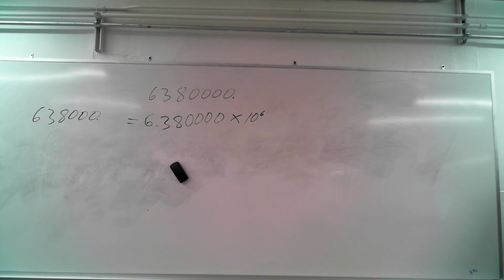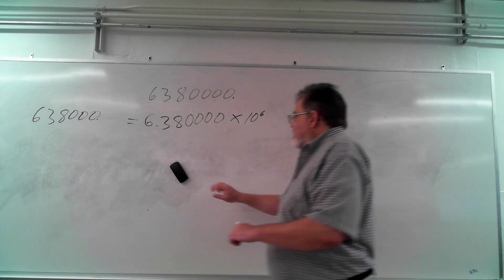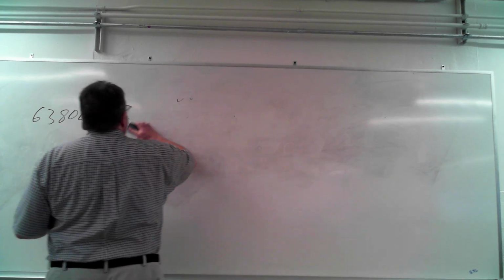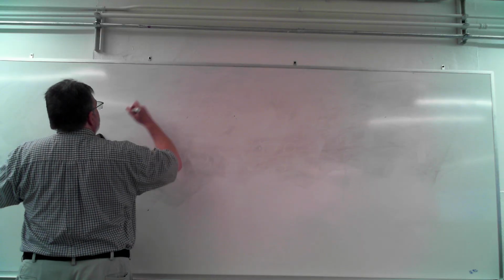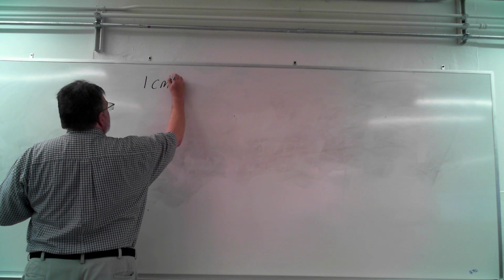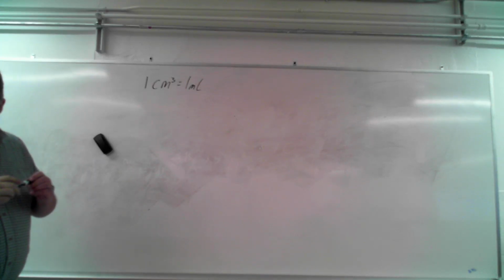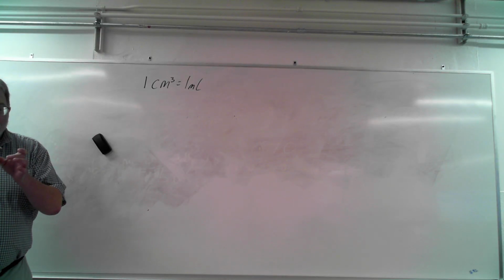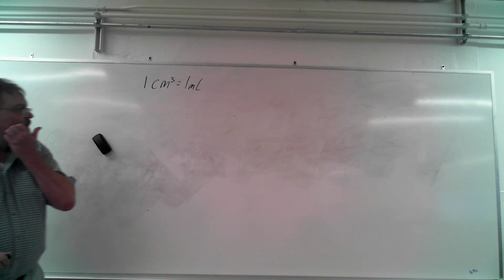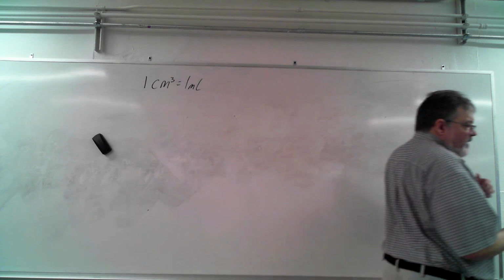The significant thing is you can translate between centimeters and milliliters by this. And that's literally the definition of a milliliter. So if you've got a little cube that's 1 centimeter by 1 centimeter by 1 centimeter, then you have 1 milliliter.